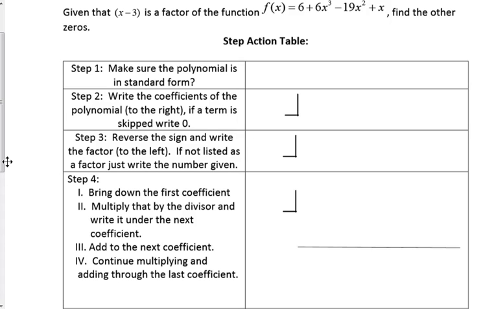Okay? So the first one says make sure that the polynomial is in standard form. Is this polynomial in standard form? No, it's not. So what is standard form? Yeah, the highest degree first. And make sure you carry the sign. I'm going to write that here.